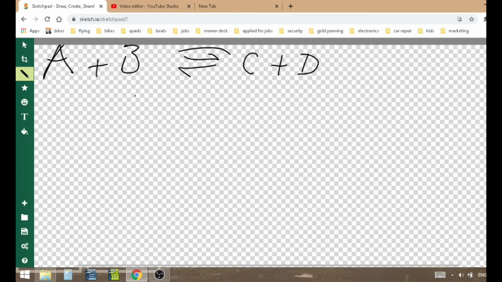What says that? Well, this two-way arrow right here.